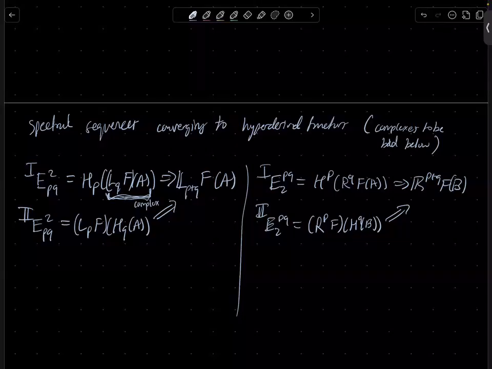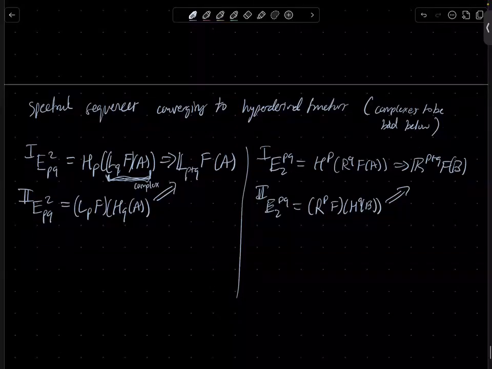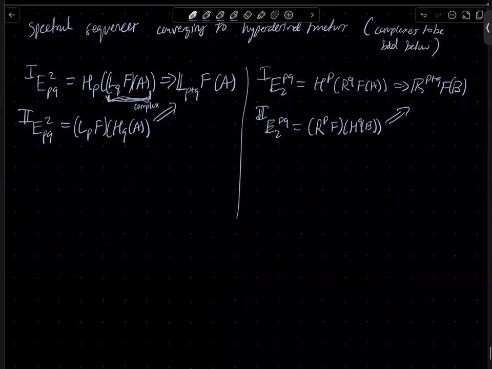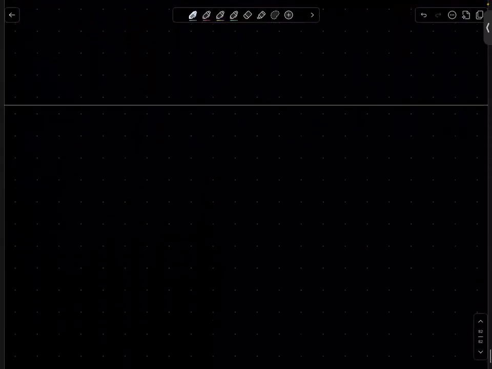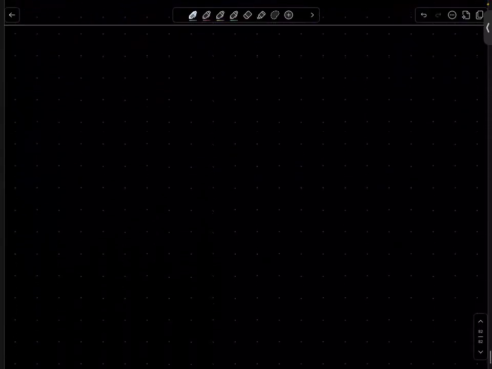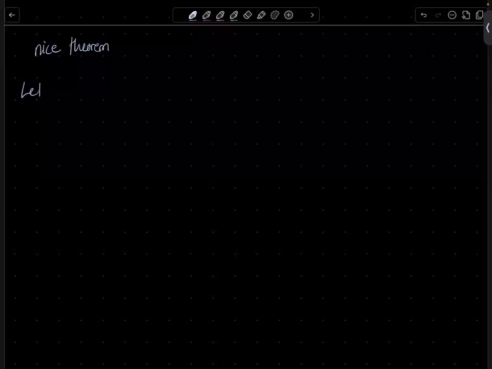Okay. So here's a nice theorem to finish our whole discussion of spectral sequences with. And maybe it's nice just because of the application to algebraic geometry, I guess. Okay. So here's the setup.